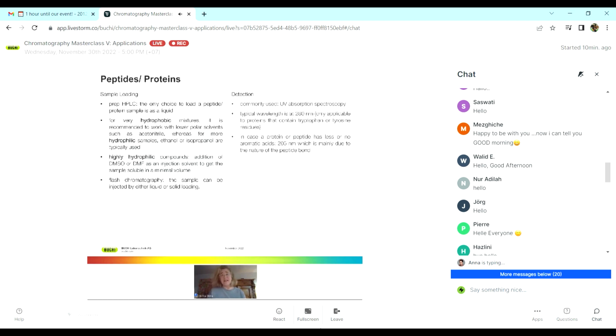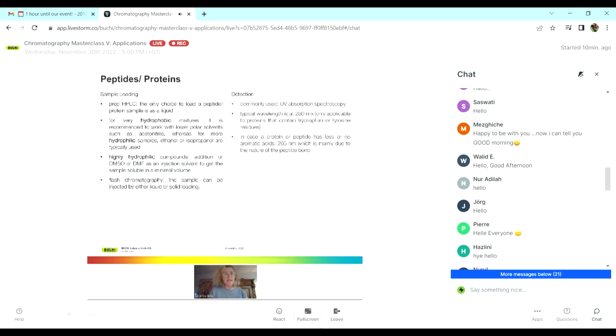Now, detection is actually super easy because peptides and proteins absorb UV. Typical wavelength is 280. This actually only works if you have amino acids like tryptophan or tyrosine. If you don't have them, then just go for 205 nanometer, and then it's also possible to detect the peptides or the proteins.